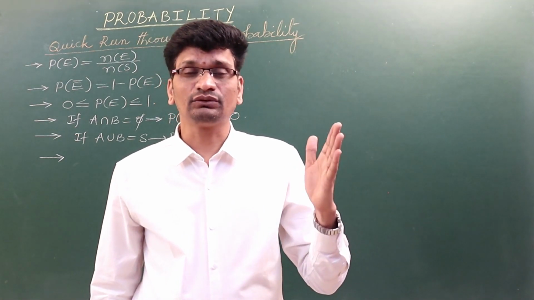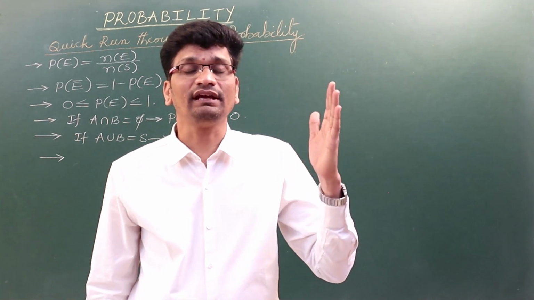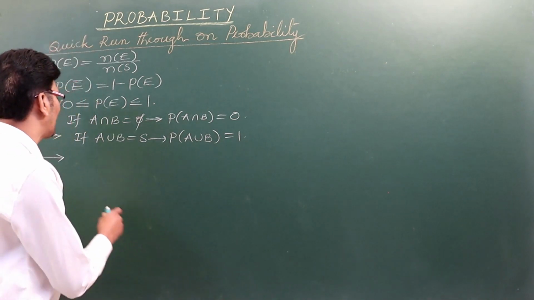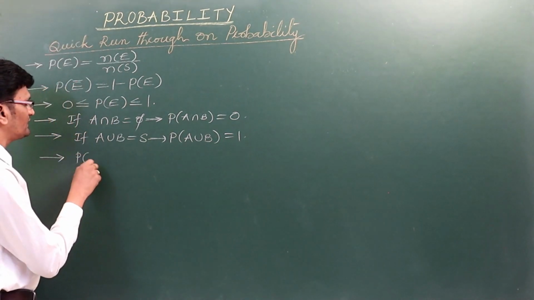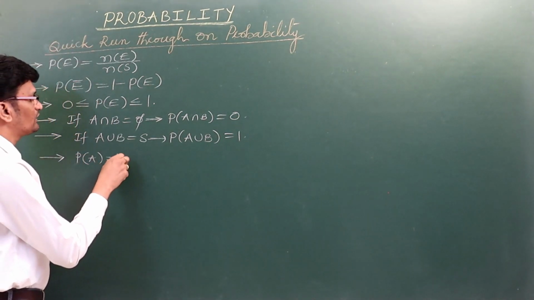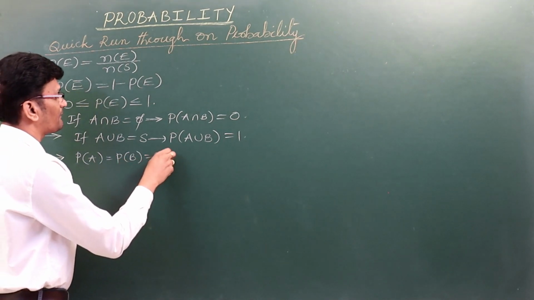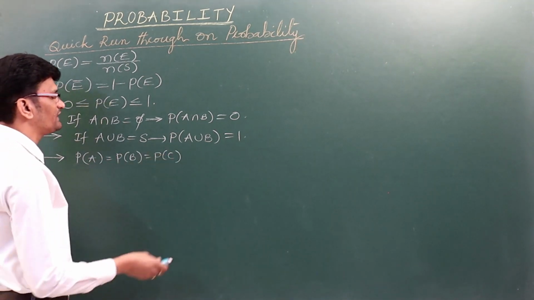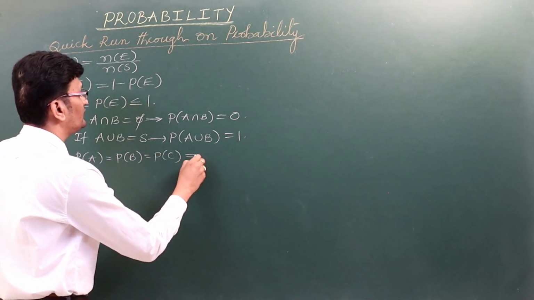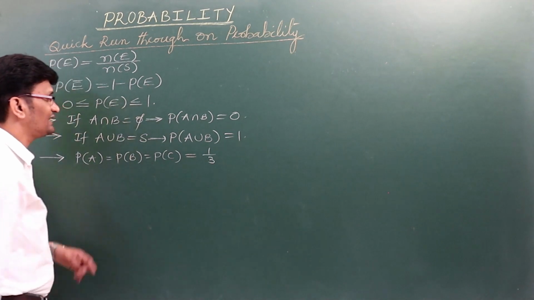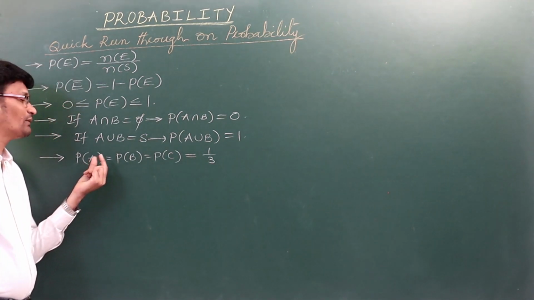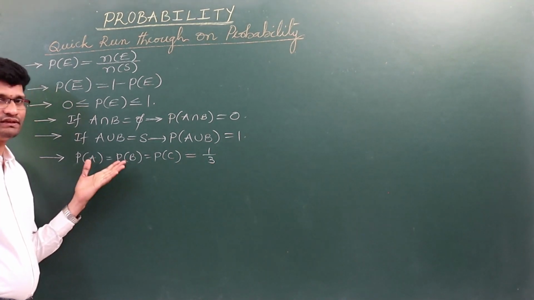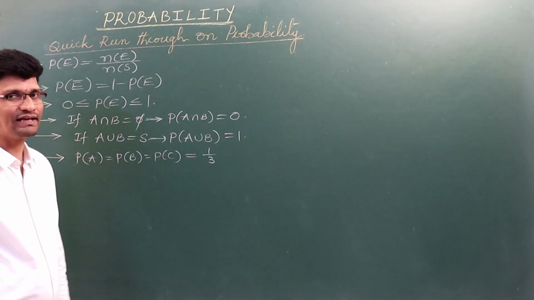So if A and B and C are equally likely, then their probabilities are the same. P of A is equal to P of B is equal to P of C is equal to 1 by 3. In that sample space we have only 3 events and all are equal. 1 by 3 plus 1 by 3 plus 1 by 3, so the sum of these 3 is again 1.